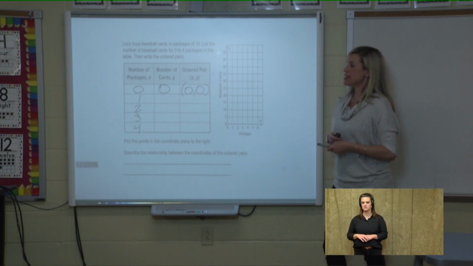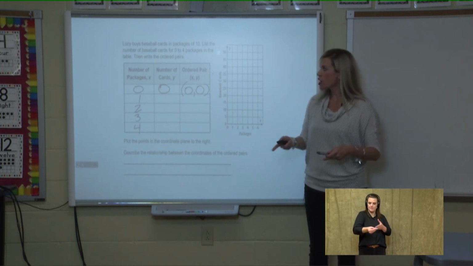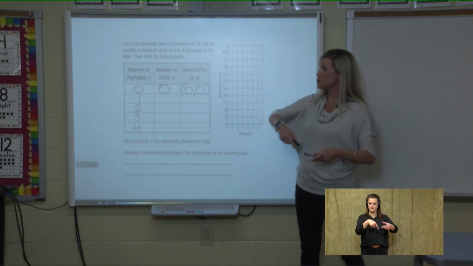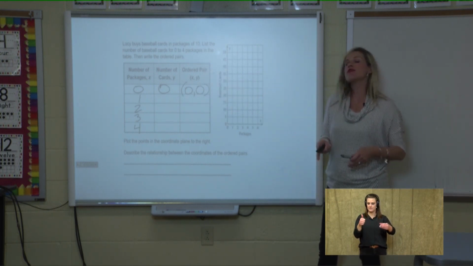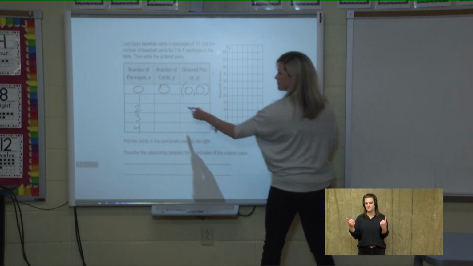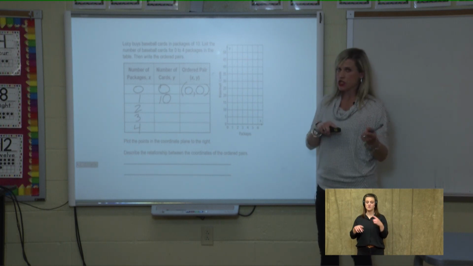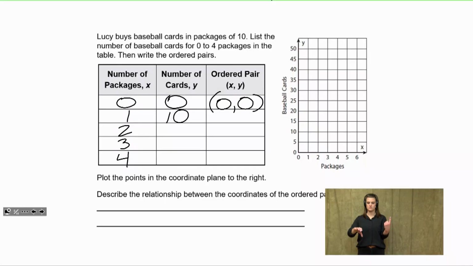All right, now, if I have 1 package, how many cards does it say are in each package? 10. Yeah, so if I have 1 package, how many cards are in 1 package? Yep, 10. All right, so take a look. 1 package, 10 cards. That's my ordered pair. Over 1, up 10. Pattern A, pattern B. All right, what about 2 packages?